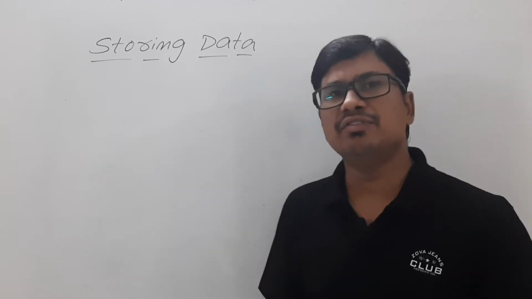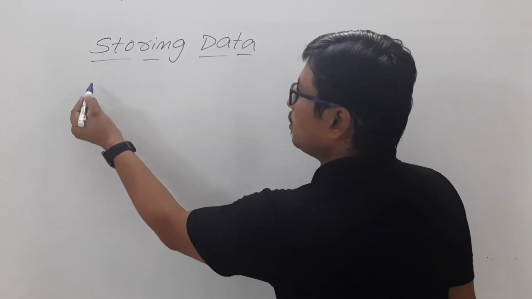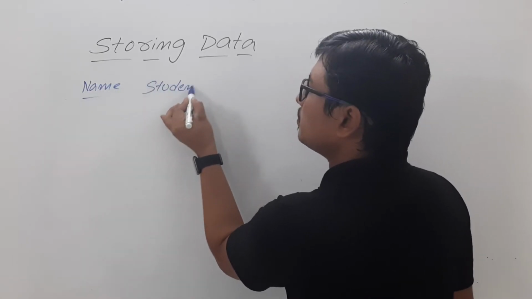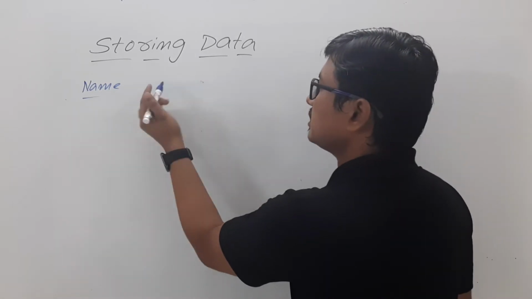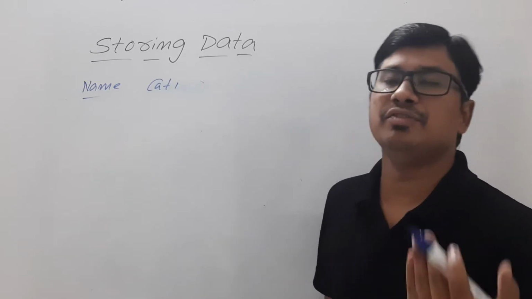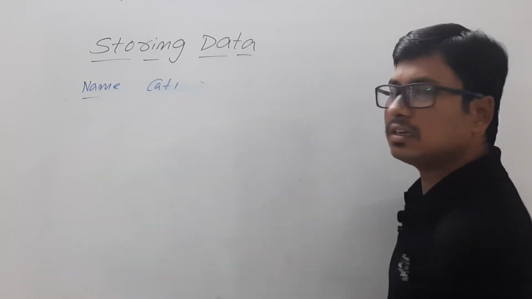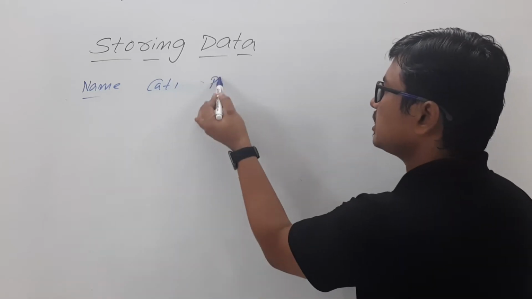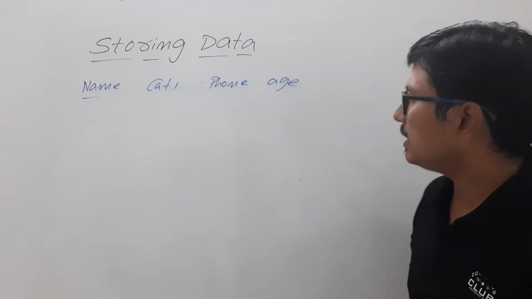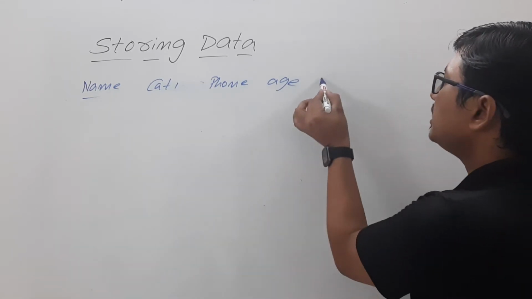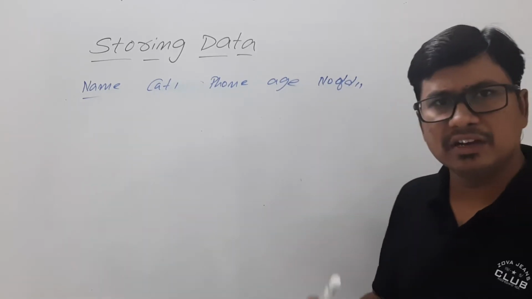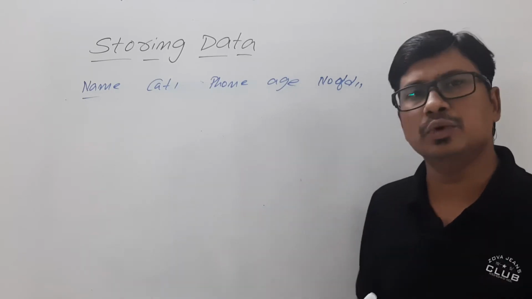The personal information usually will have the name and the category, which can be either a student, a staff or a faculty. Then their personal information, like phone number, age, how many dependents there are, and their medical information. All this transaction information you are keeping.